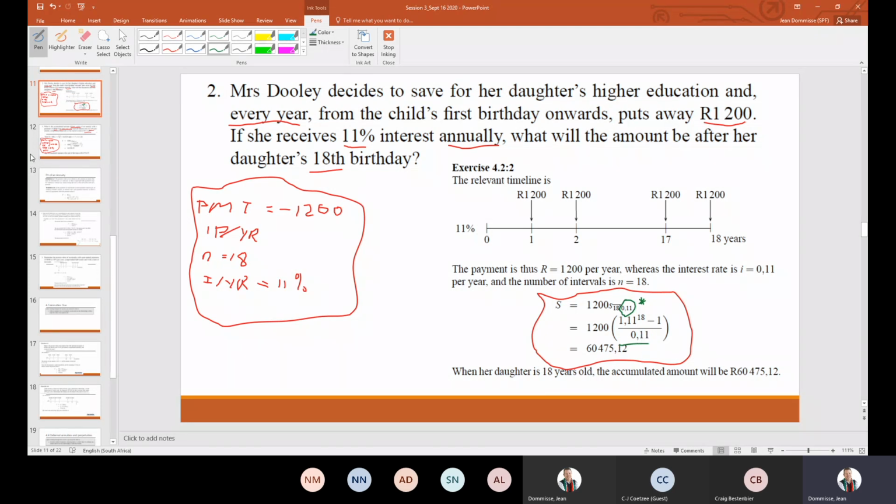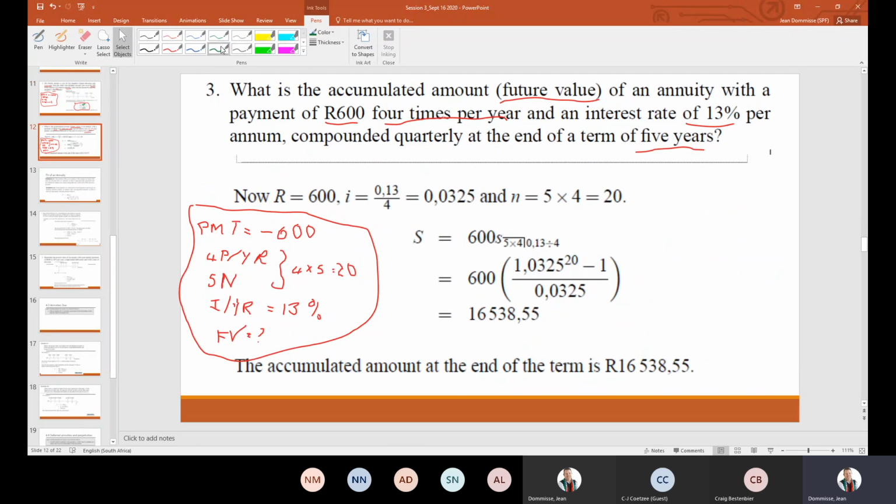In this instance, it was compounded quarterly. Remember, we need to divide by 4 if we are using the formula. So you needed to divide the interest rate by 4, so that will give you a different way of calculating.